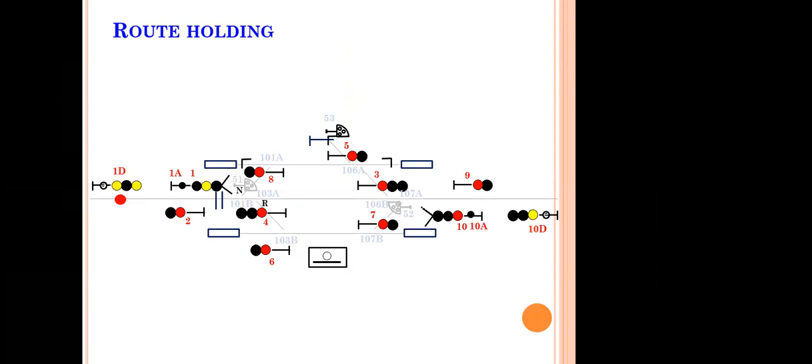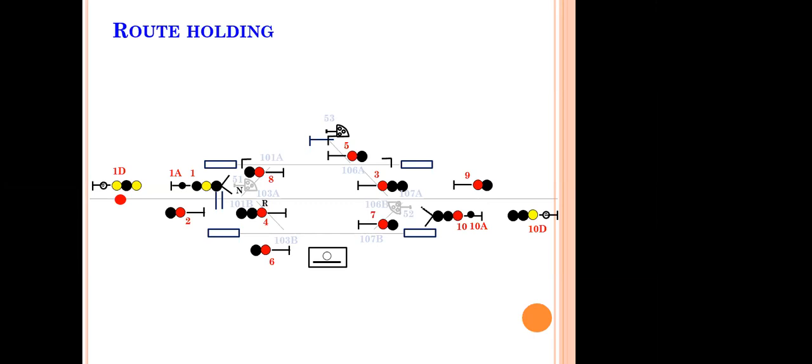The rule says the conditions are to be maintained until the signal is taken off. The second rule says the conditions are to be maintained till the signal is in the off position. Now, as soon as the train passes the signal, the home signal will go back to danger automatically. Once it goes to danger automatically, the interlocking ceases. No interlocking will be maintained.